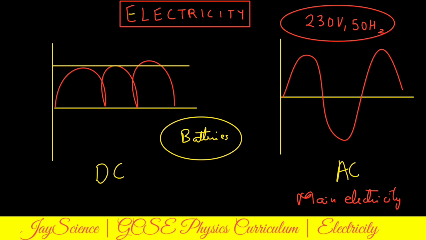Now, one thing you should keep in mind is that the light in your homes may get dimmer or brighter depending on the times. It gets dimmer when there is too much load. For example, let's say there is a football match, maybe the World Cup, and billions of people are watching.